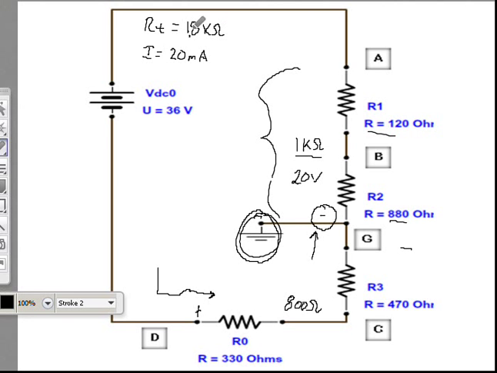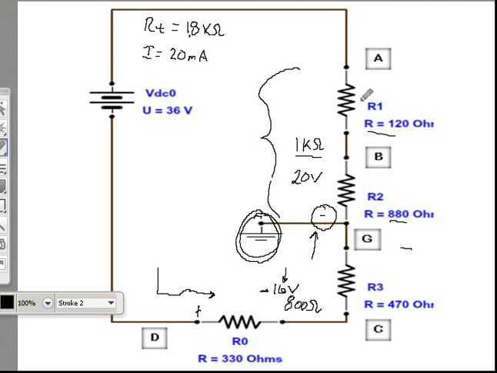And 20 milliamps times 800 ohms is going to get you about a 16 volt voltage drop. However, my meter is going to measure a negative 16. Once again, the absolute value remains 16 volts, but its polarity for our measurement is going to be seen as a negative 16.